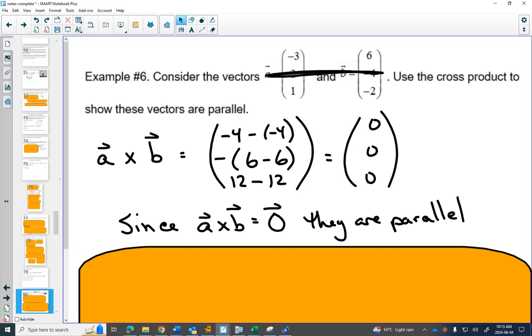For the second one, I ignored those ones, and I did the determinant, plus I put a negative out in front, because the second one is always the negative determinant. And finally, for the 12 minus 12, I cross out those ones, and I would find the determinant of the matrix that's left.